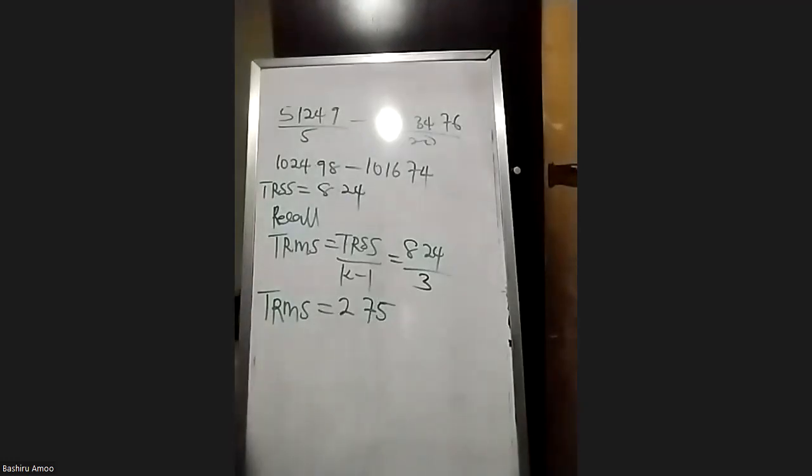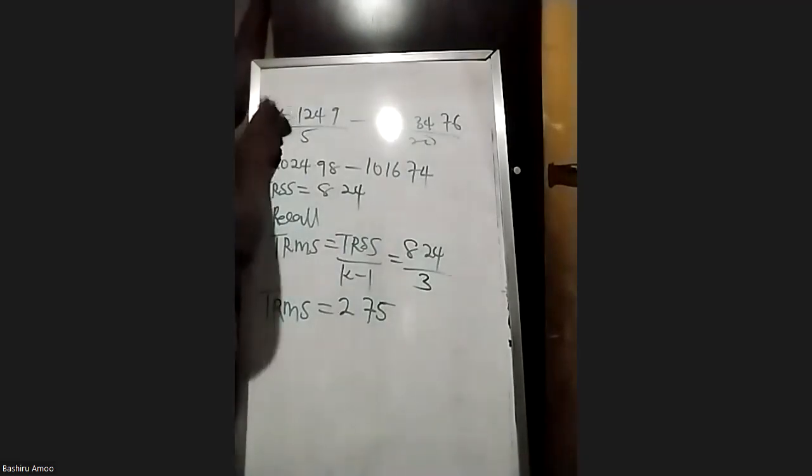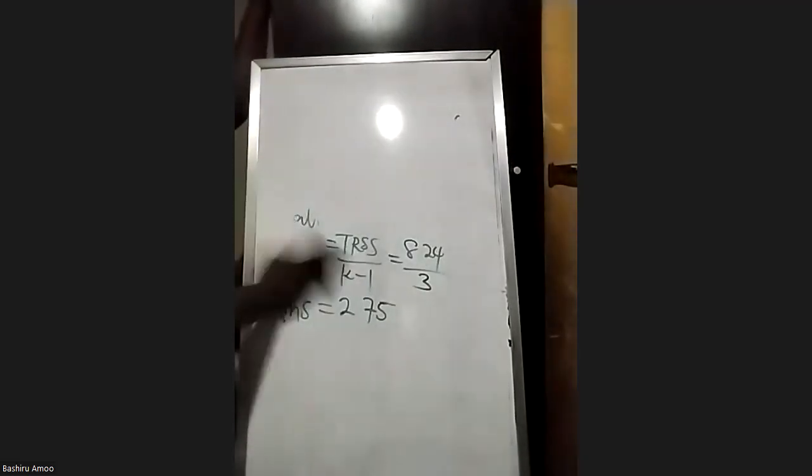Now, what else do we need? Residual mean square. For us to get the residual mean square, this is the treatment mean square. The residual mean square is equal to the residual sum of square divided by n minus k.